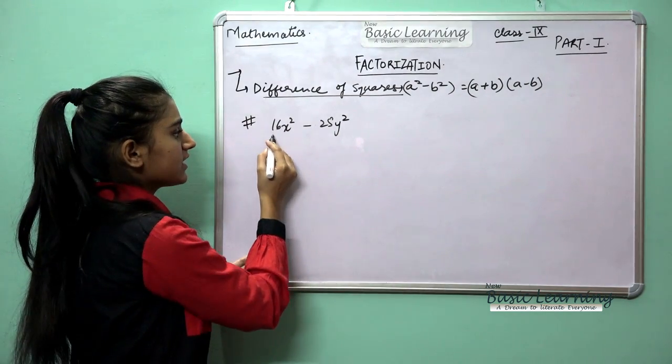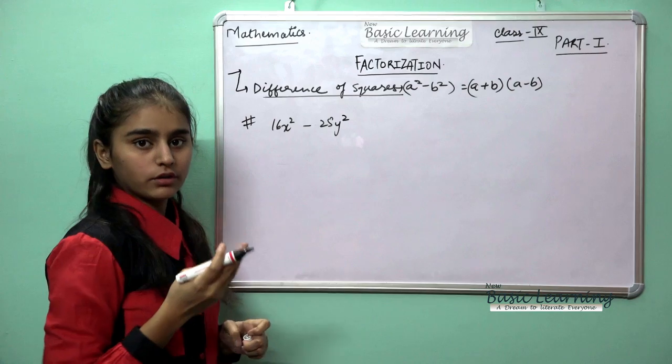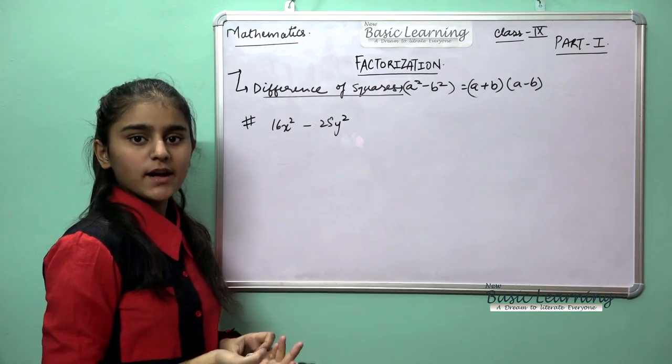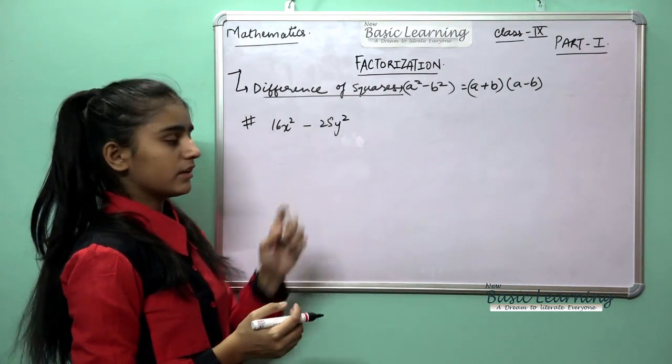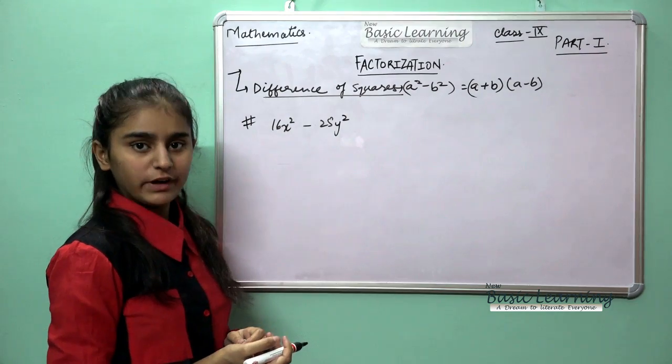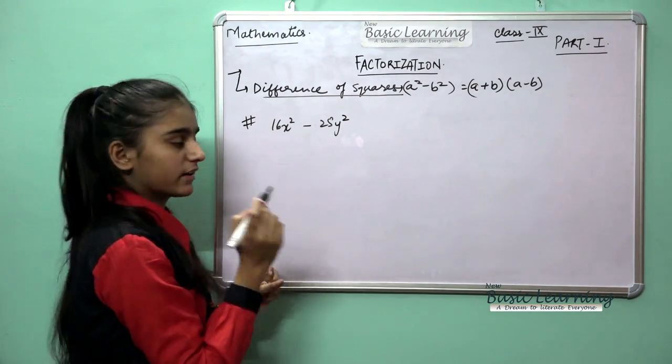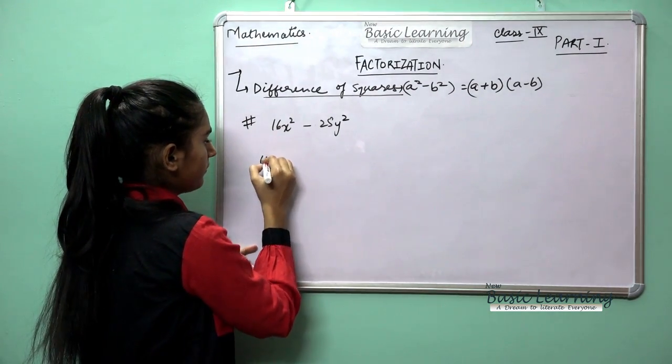So for 16, we can take 4. 4 is the square root of 16 and 5 is the square root of 25. So we have to take out the square root. Here 4.